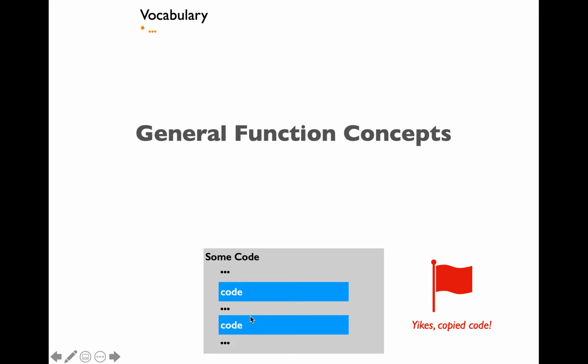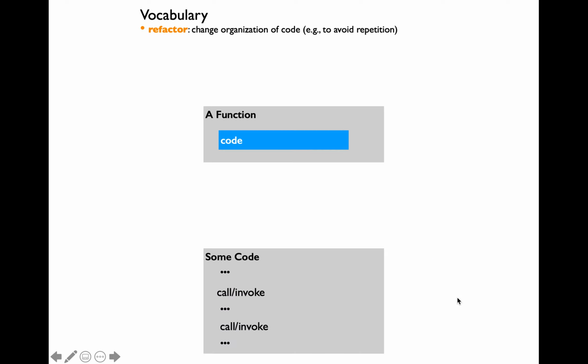In the world of programming, copy pasting code is always a red flag. I'm going to introduce you to a term called refactor. The term refactor refers to the fact that a programmer takes an existing program and reorganizes the code in such a way that we can avoid repetition or redundancy.